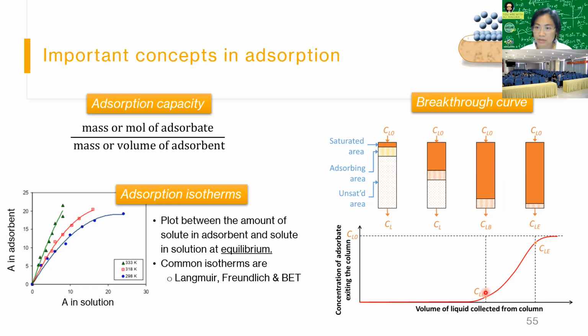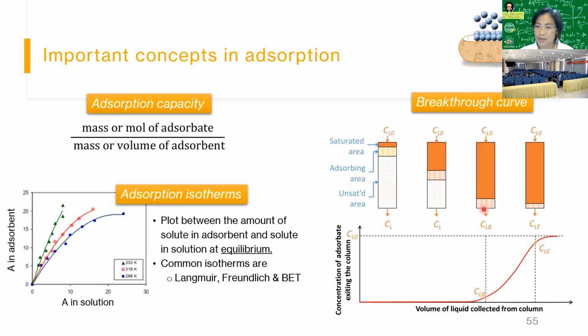The color starts to leak out, and the intensity of the color increases so much that the resin cannot get rid of the color anymore. So that's the end. This sort of curve is called a breakthrough curve.